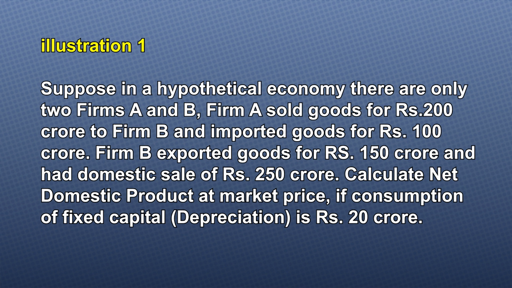Firm B exported goods for rupees 150 crores and had domestic sale of rupees 250 crores. Calculate net domestic product at market price if consumption of fixed capital depreciation is rupees 20 crores.